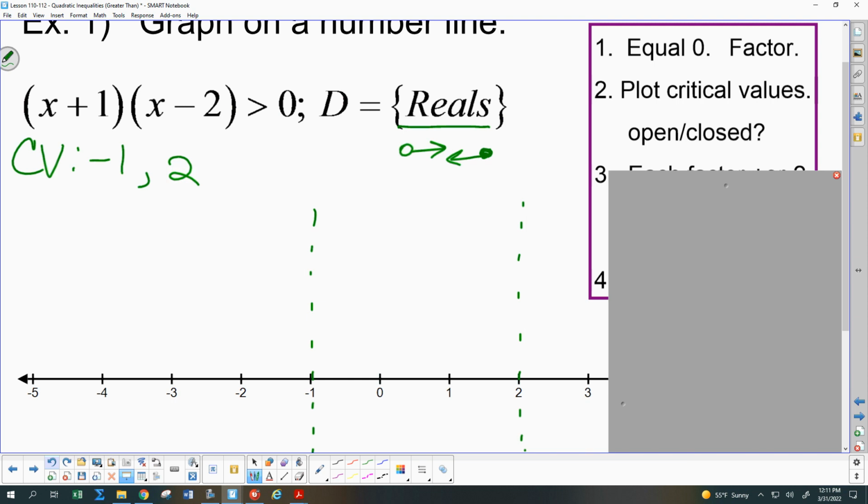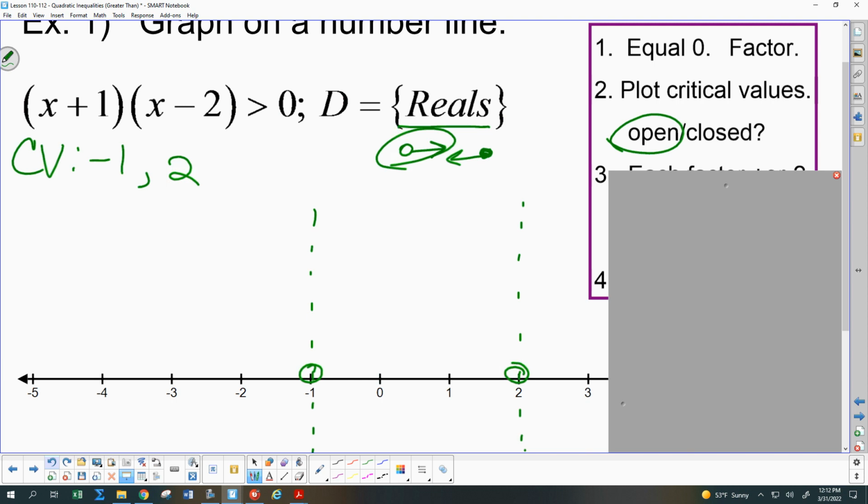So for this one, they would need to be open. Since this one is reals, I'm going to have things that are looking kind of like this. So I can go ahead and put my open circles on the endpoints. If it was an integer graph, I would not want the open circles, because then I'd have open dots and closed dots, and we don't do that. We just do the closed dots on an integer graph.